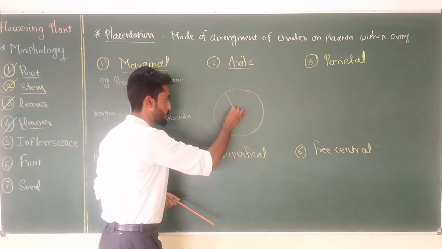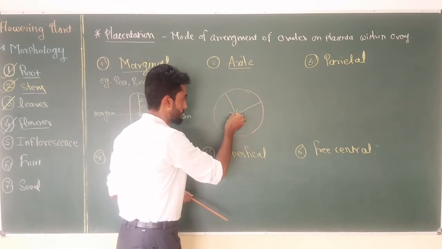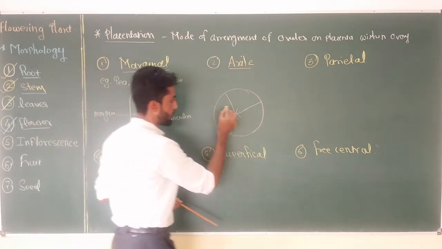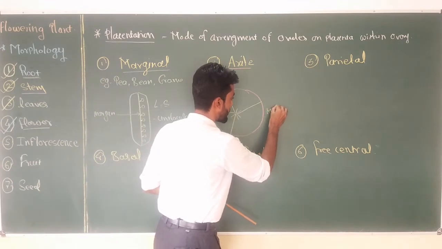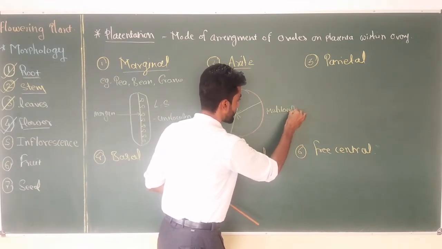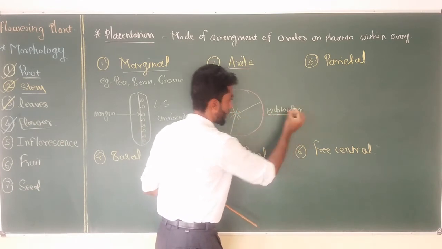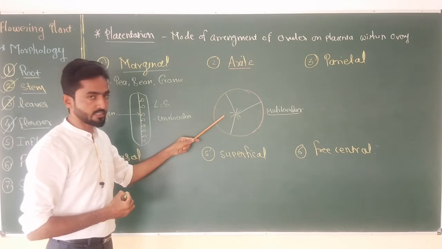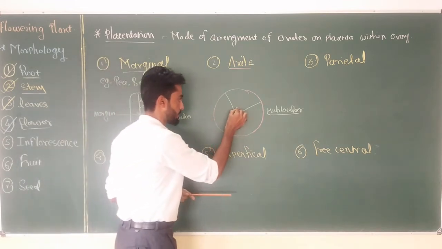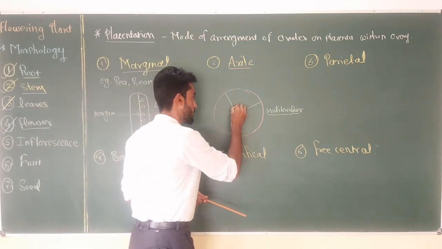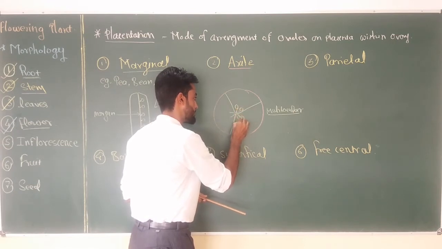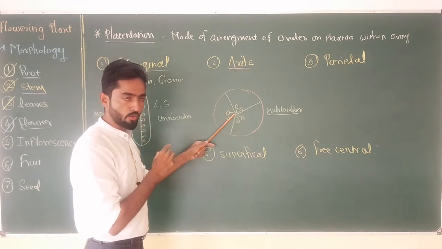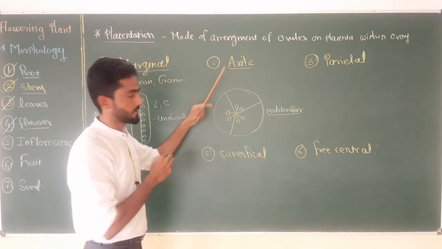This type of ovary also shows different compartments, so it is called a multilocular ovary. That means the ovary has different compartments, and inside each compartment you can easily observe placenta to which ovules are attached. And as this structure is present in the center of the ovary, it is called axile placentation.